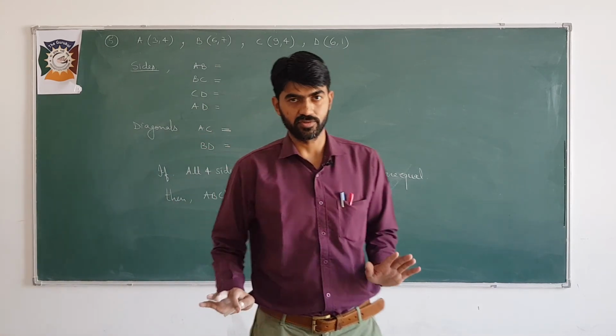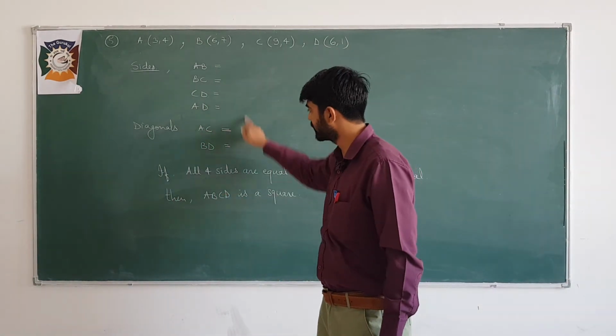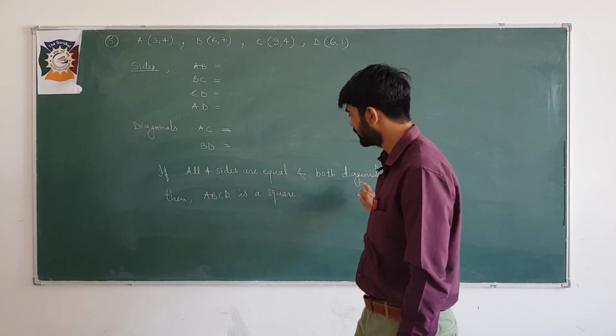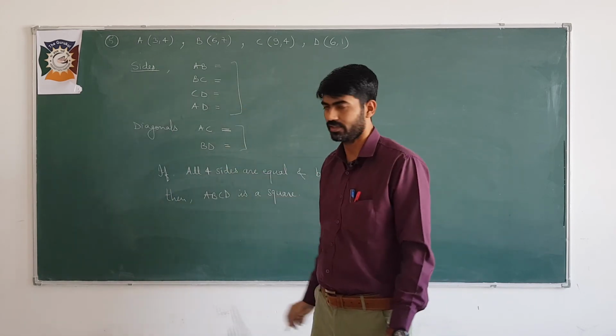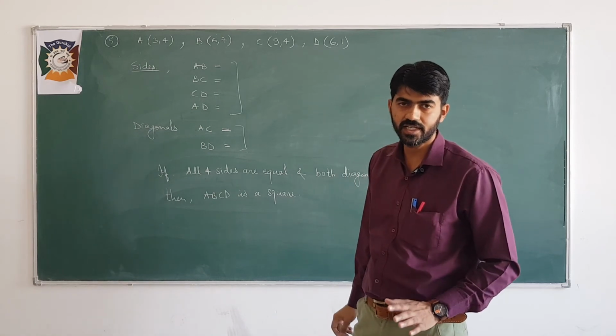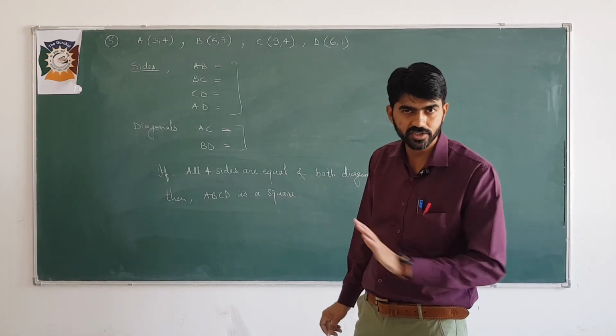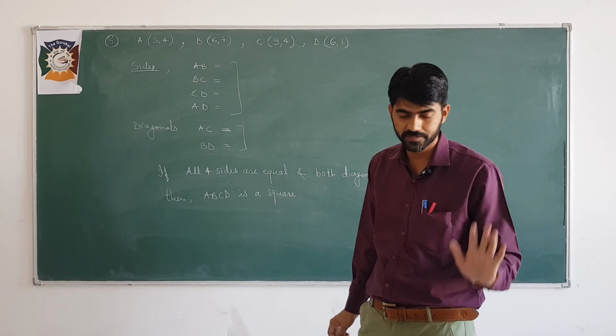Otherwise it is not a square. Okay, so you have to find these things. If all four sides are equal, these four are equal and these two are equal, then we will say that it is a square, otherwise it is not a square. Clear?